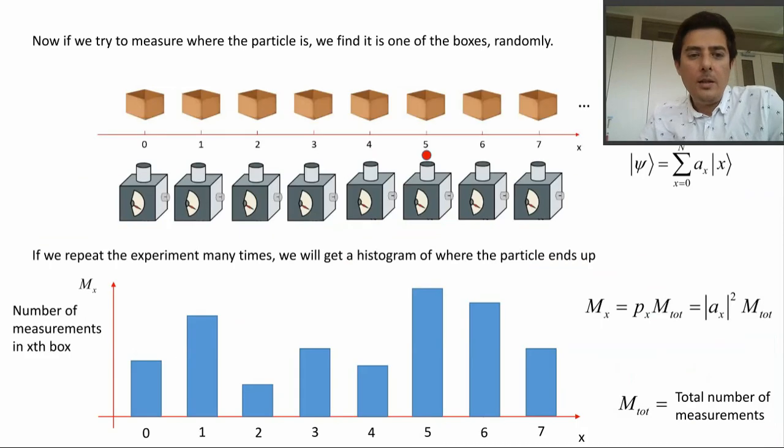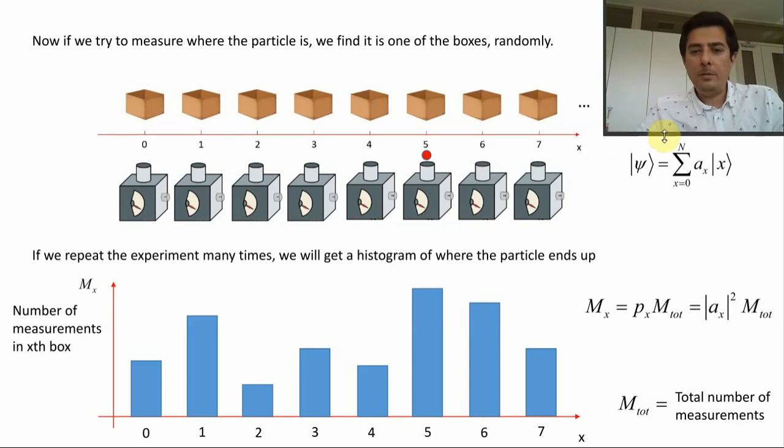Okay, so suppose we say, I want to know now, where is the particle? As we know, if we try to measure the position of the particle, we've got a detector for each position here.